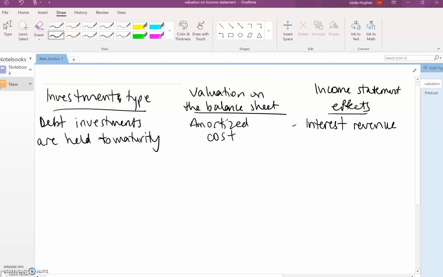The only other things theoretically would be, 1, a sale of these investments. That's unlikely to happen because these are held to maturity. The other thing is unrealized holding gains and losses. But because these assets are held at amortized cost, we're not going to have any unrealized gains or losses.